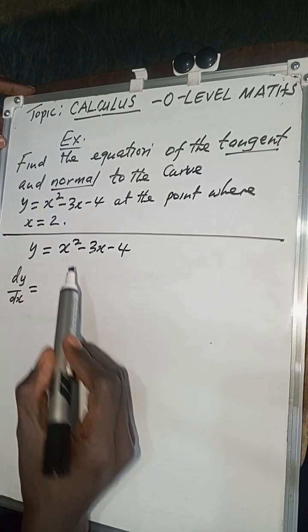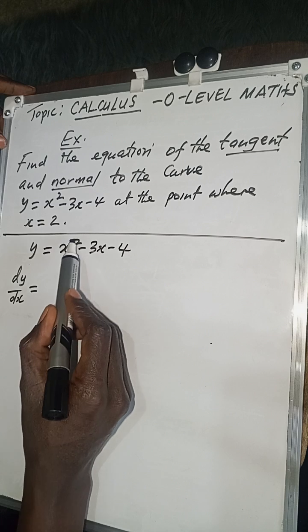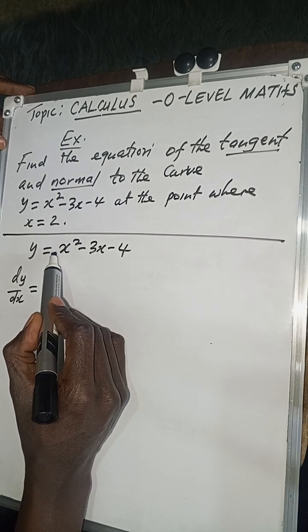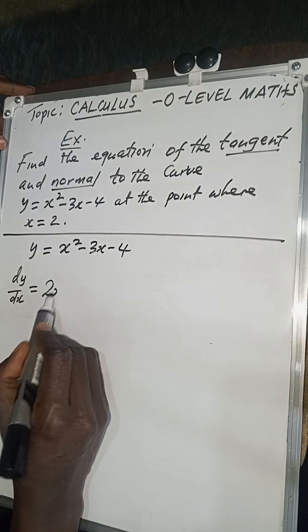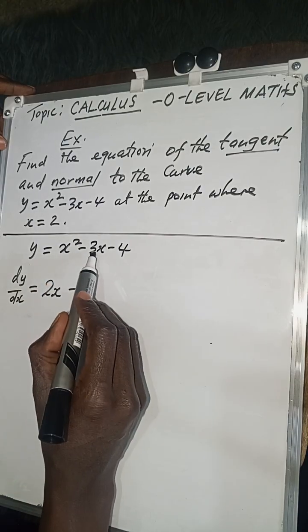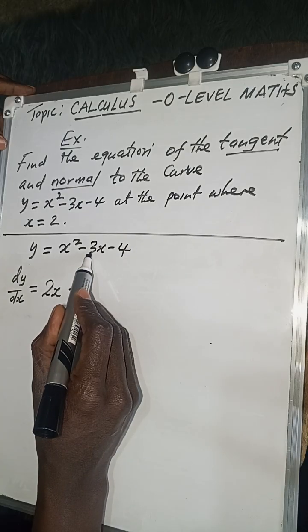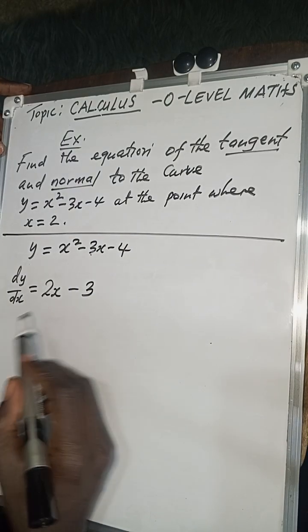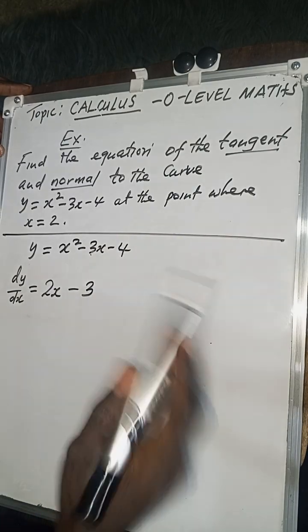Remember, when you are differentiating, you multiply the index by the coefficient, so that will be 2x, then the index reduces by 1, minus 3, when you have a number and a letter, you just remain with the number. The constant is always 0, so we can ignore it.